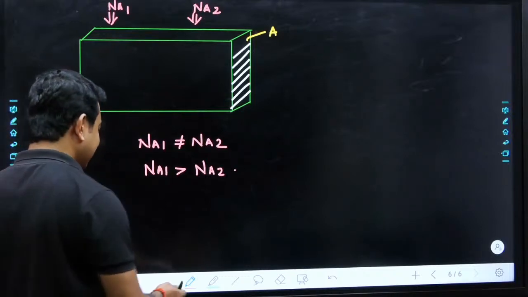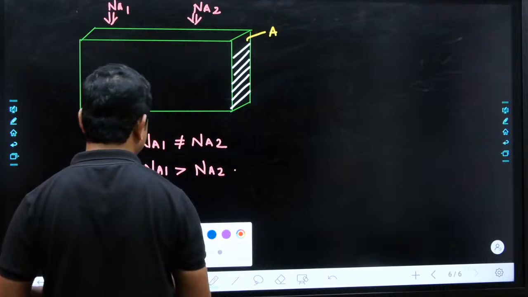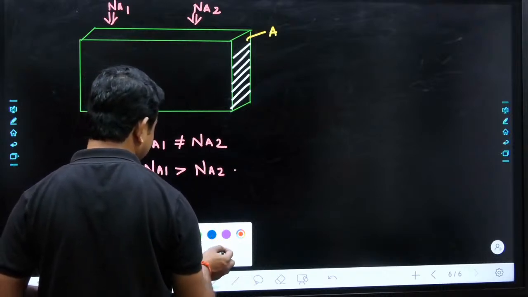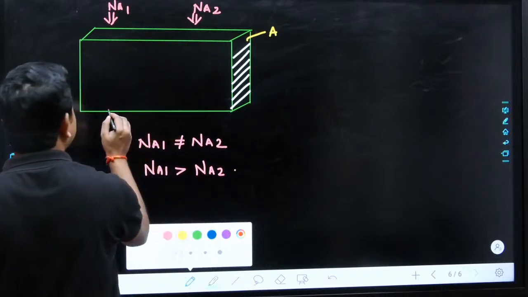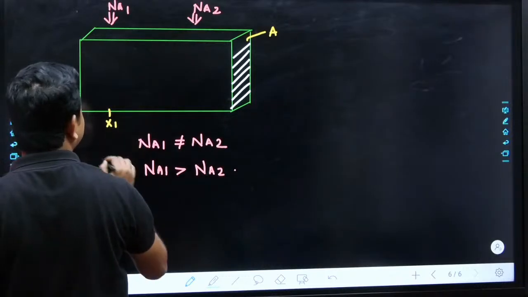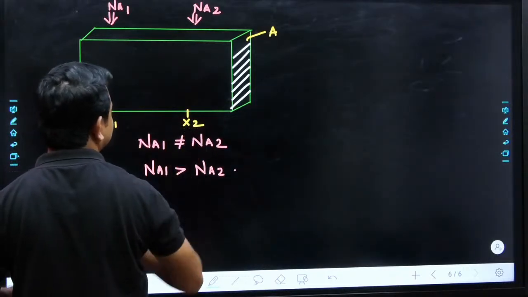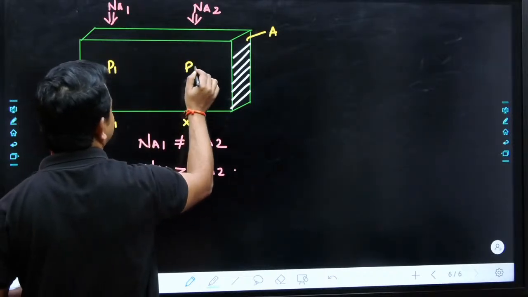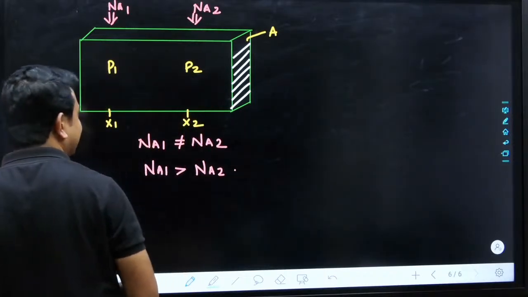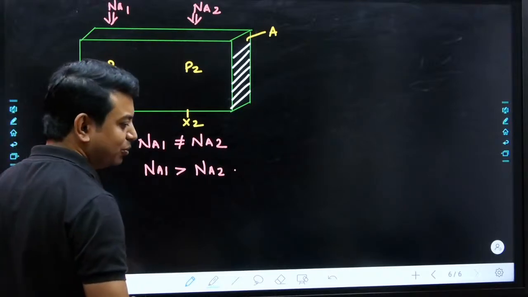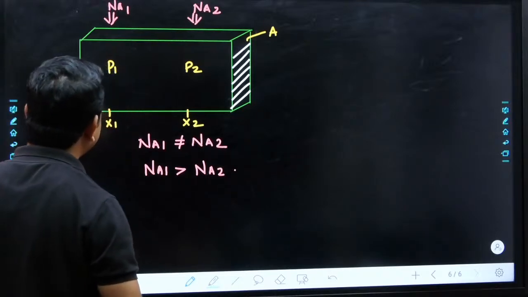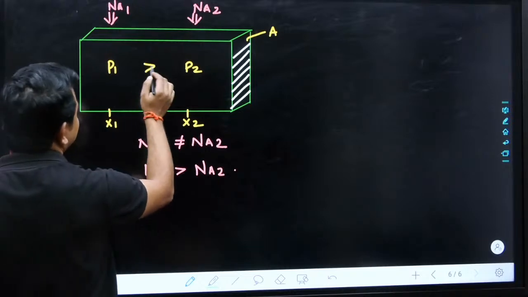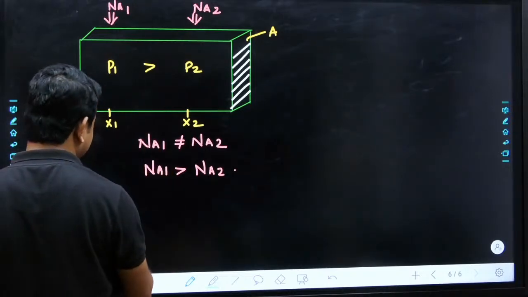So, I can say that we are having a hole concentration which is changing with respect to distance. Suppose we are going to take a graphical plot. Again we have taken two distances, and in these two distances we are having the concentration of holes P1 here and the concentration of holes P2 here, and this has been maintained due to the movement of charge carriers. If P1 is greater than P2, then definitely there must be a concentration gradient.